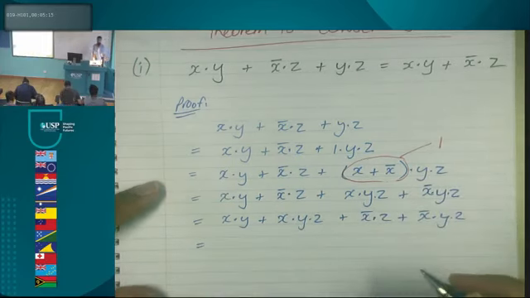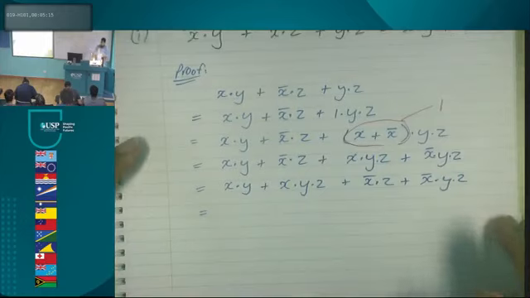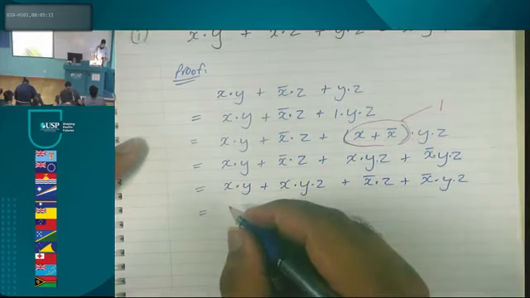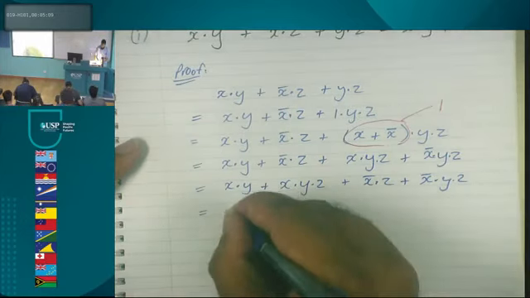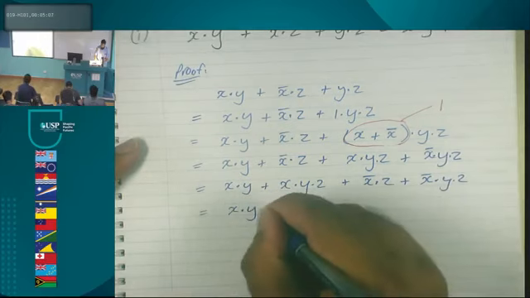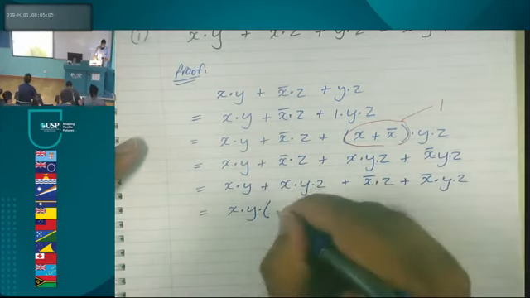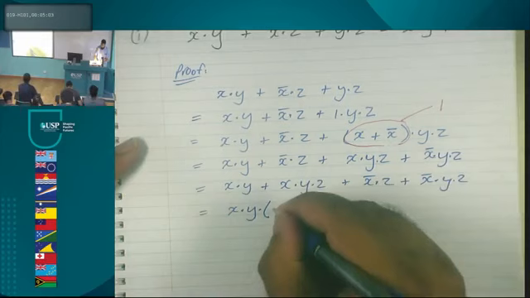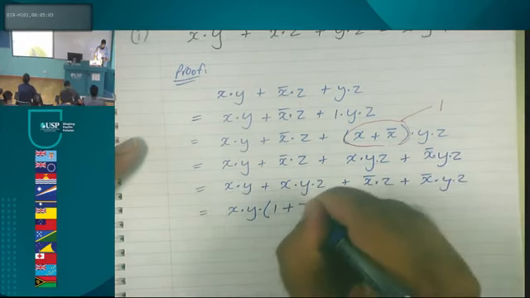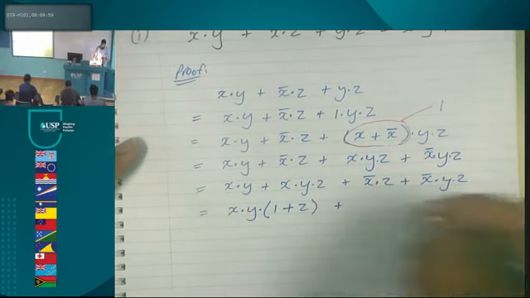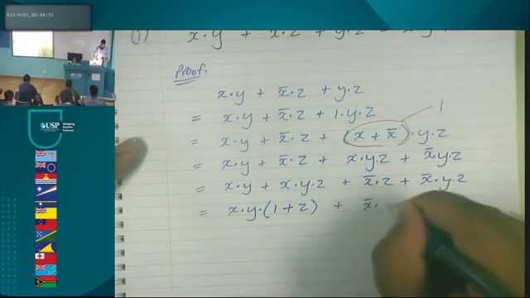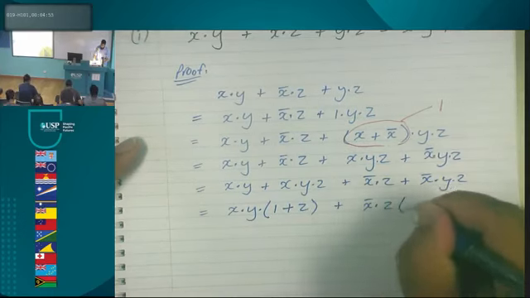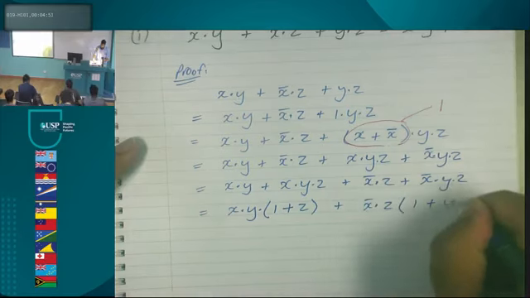Yeah, okay? All right. Now we use the distributive property. That's x and y comes out and you have 1 or z. And over here you have x bar and z come out and you have 1 or y.